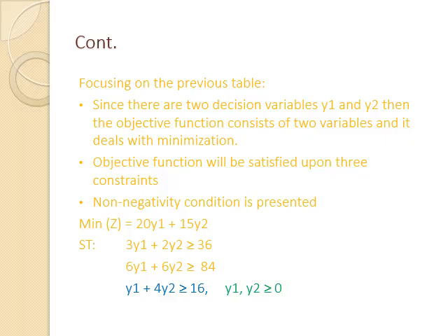The third constraint is y1 plus 4y2 more or equal 16. And the last is the non-negativity condition. The quantity of y1 and y2 must be more or equal 0.